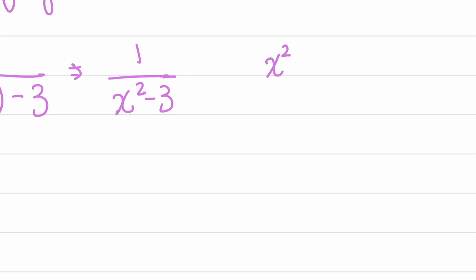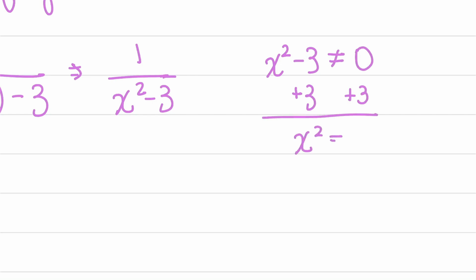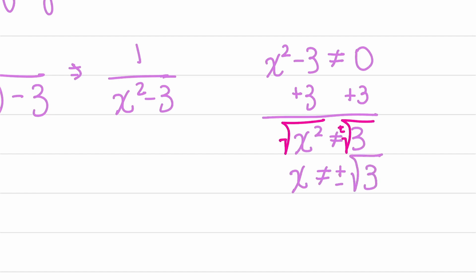So we know x squared minus 3 is not allowed to be 0. We can add 3 to both sides. So x squared is not allowed to be 3. And in order to get x by itself, we are going to take the square root and include our plus or minus here. So x is not allowed to be plus or minus the square root of 3.